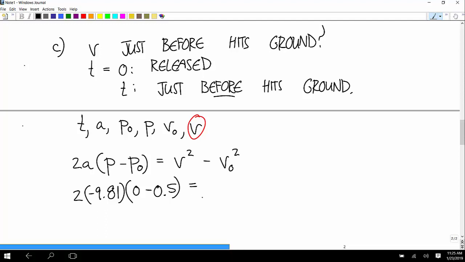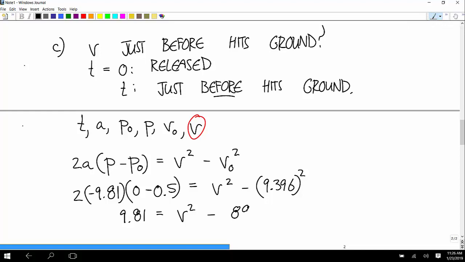Okay, so we're trying to find this V. V0 is 9.396. And so we have positive 9.81 on the left side is equal to V squared minus 88.29.